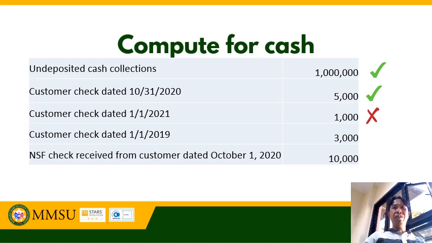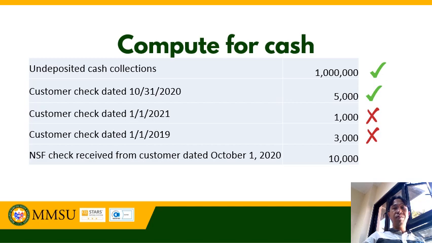Is this part of cash? The answer is no. Even though the date has already passed, a check that is more than 6 months old is what we call a stale check. So this should not be included.